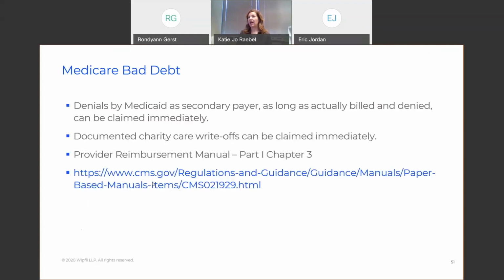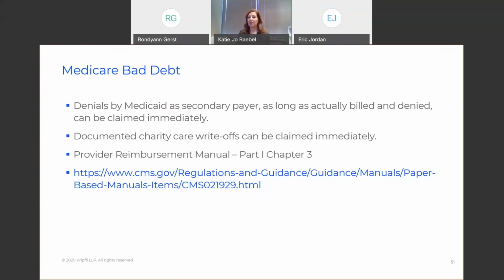So let's say we kind of have 3 components of Medicare bad debt. We have the type where we've made a reasonable collection effort for 120 days. We have deductibles and coinsurance amounts that are unpaid. We can include those on our cost report. The second type is if we have Medicare, Medicaid crossovers, we have a denial from Medicaid that they're not going to pay anymore, then we can also claim those on our cost report, and we can claim those immediately as long as we have a denial.